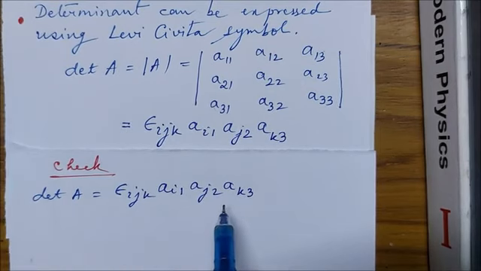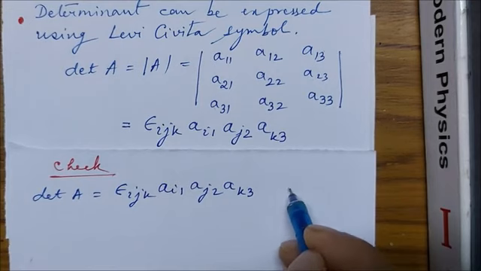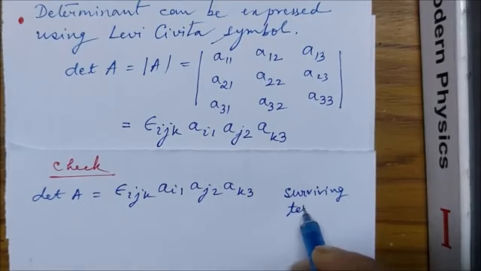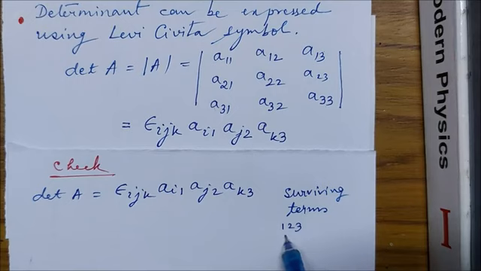There are so many terms, but the surviving terms correspond to indices having the values 1, 2, 3, 2, 3, 1 and 3, 1, 2, which correspond to cyclic repetitions, and the acyclic or anticyclic occurrences 1, 3, 2, 2, 1, 3 and 3 after 3 1 should come, but let us break the cycle and write it 3, 2, 1.